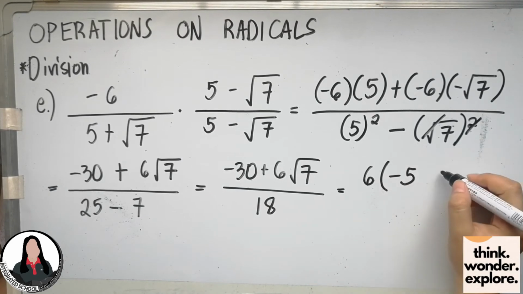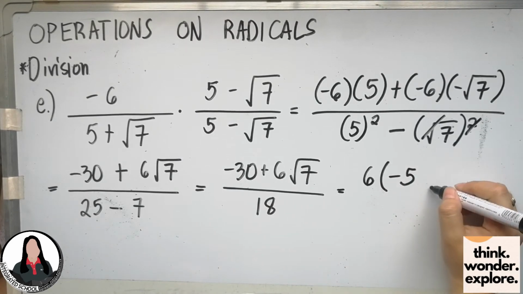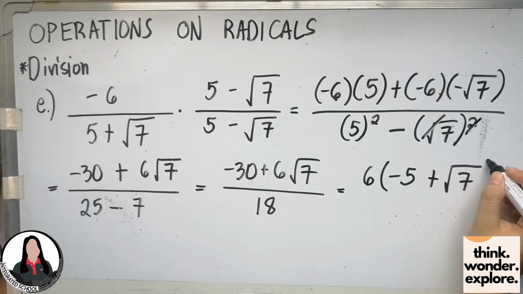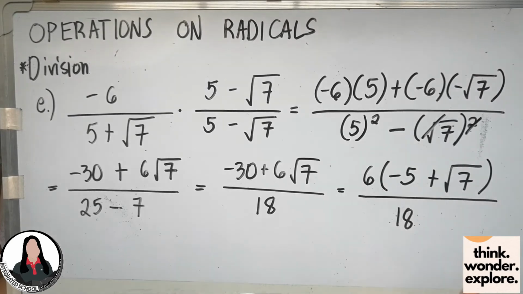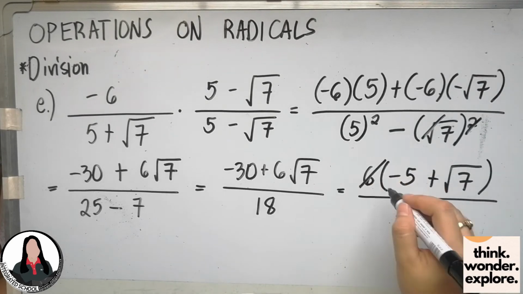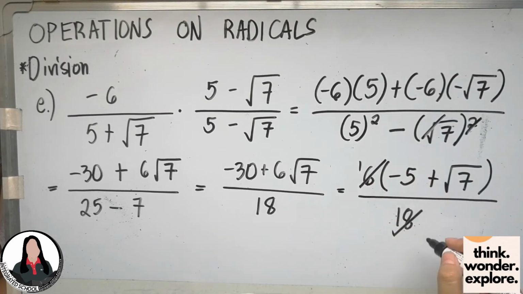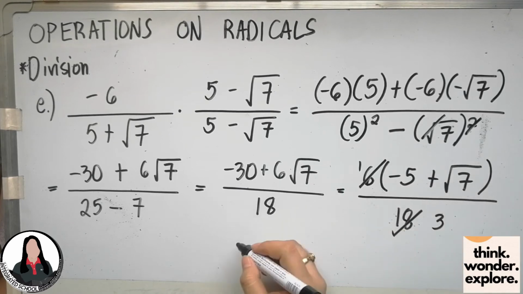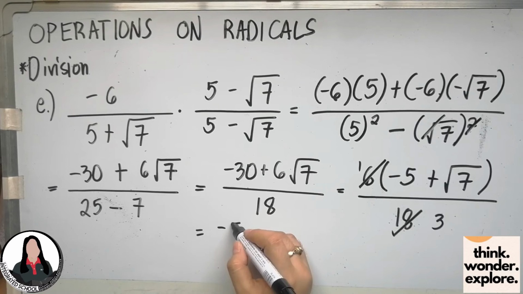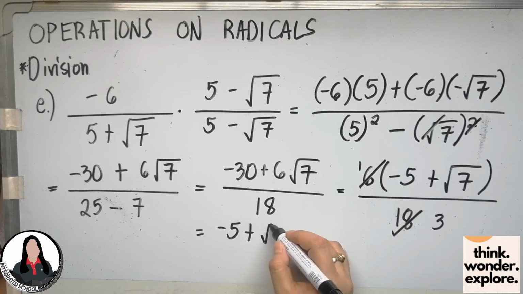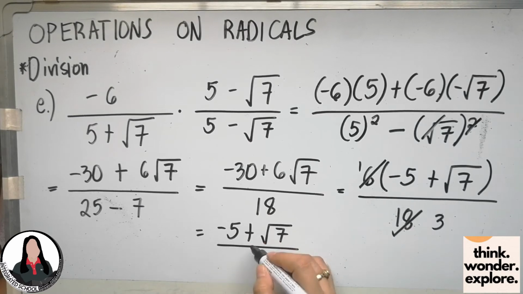And then 6 divided by 6, that's 1. So, simply, that is plus square root of 7 all over 18. Now, that's the time na pwede tayong mag-cancel. So, we divide this. Ito yung magiging 1 and then this will become 3. Therefore, our final answer is negative 5 plus square root of 7 all over 3.